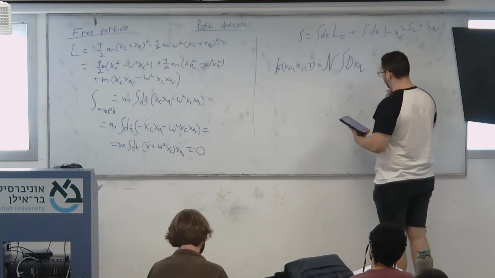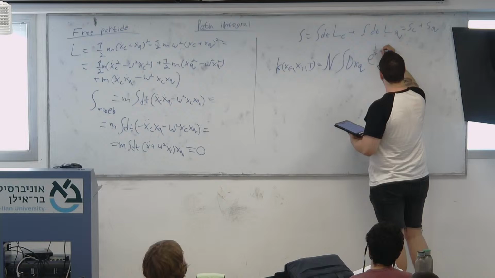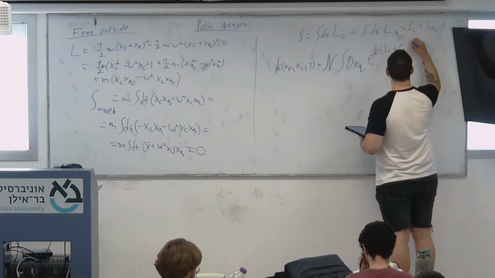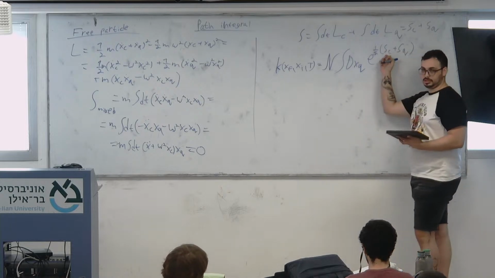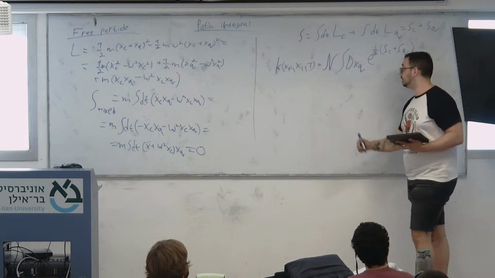It's just going to be e to the i divided by h bar, S_C plus S_Q. Now S_C, as we saw before, doesn't depend on x_Q, so I can take it outside.